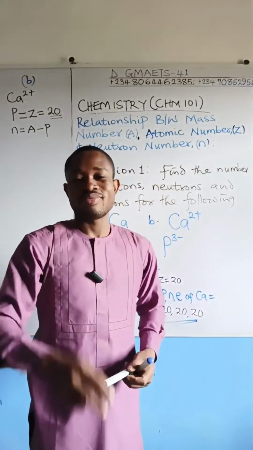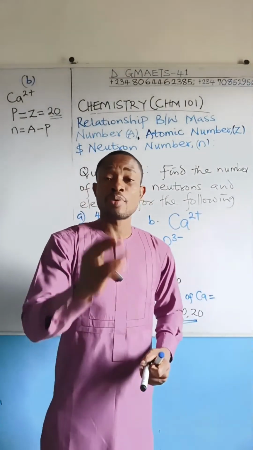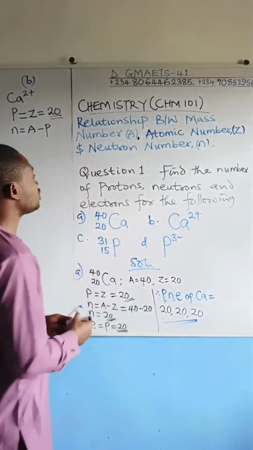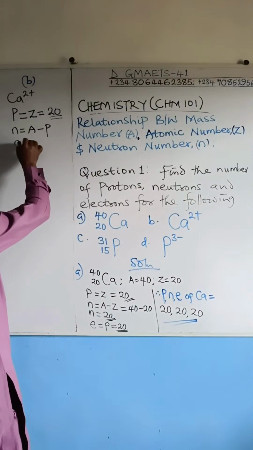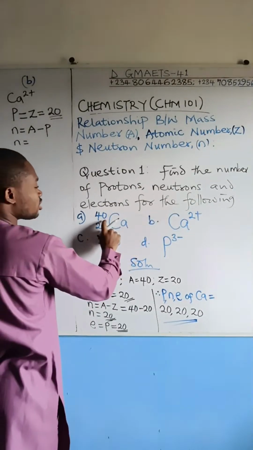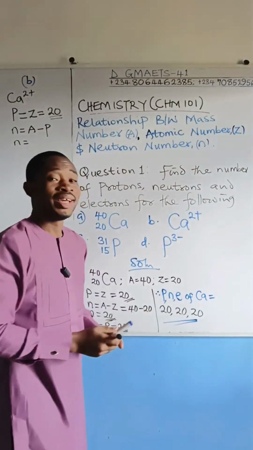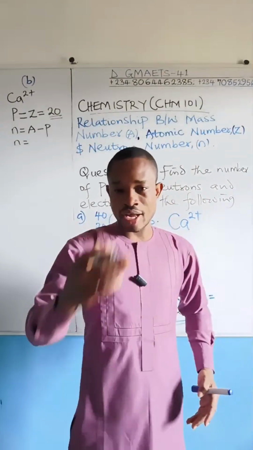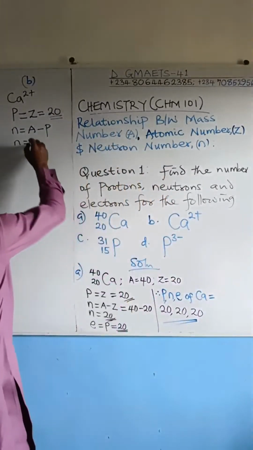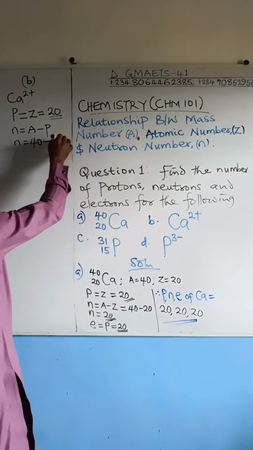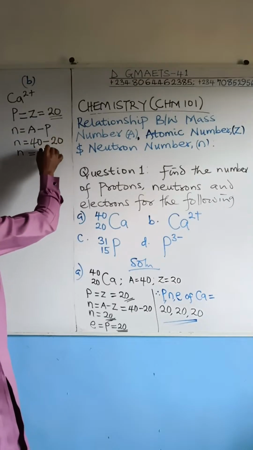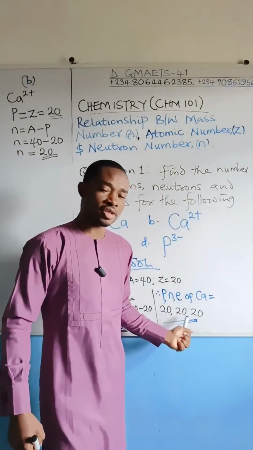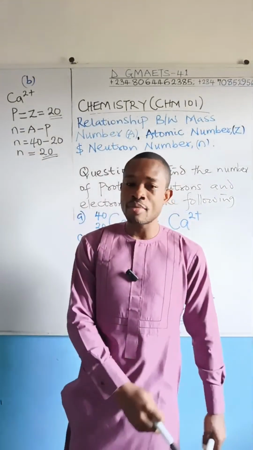Formula number 1 and 2 are the same thing, and you know that proton number and atomic number are the same, whether for an atom or for an ion. They don't change. So the neutron number here will still be 40, which is the mass number of calcium ion. Mass number also does not change, whether it is an atom or an ion. So it is going to be 40 minus proton number 20, so that neutron number is still 20. Interesting. Proton number and neutron number are 20 still for the atom and for the ion.